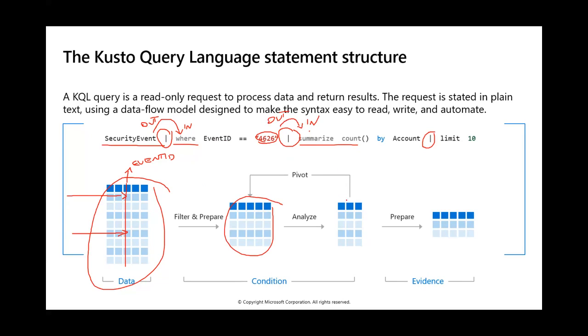So in this case, it is reorganizing the results and is going to start counting by another parameter, which is an account, and is going to count how many 4626 events there are for a single account. So let's say that I have an account for a user 1, the user that you just created yesterday, I don't remember where. But let's say that this user 1 has 3 events equal to 4626.